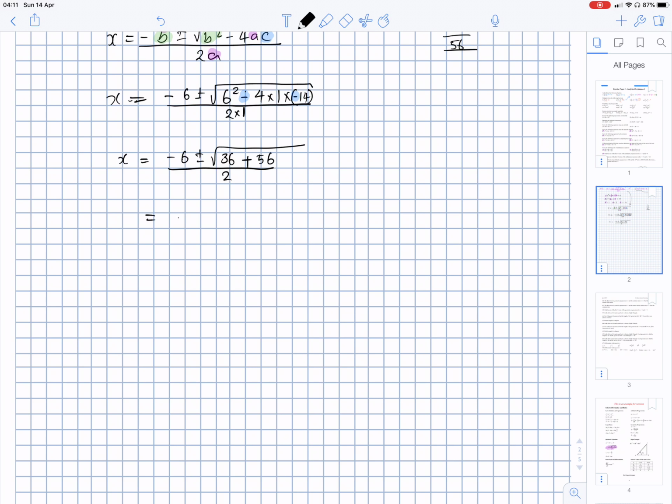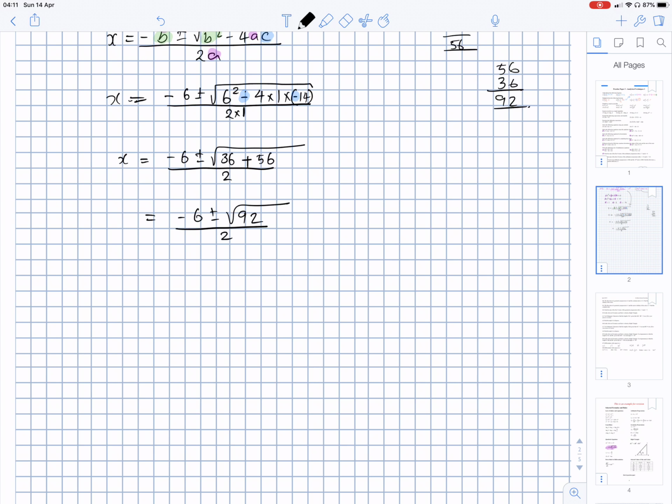So x equals minus 6 plus or minus square root of, if you add 56 and 36, you get 92. Okay, so square root of 92 divided by 2.